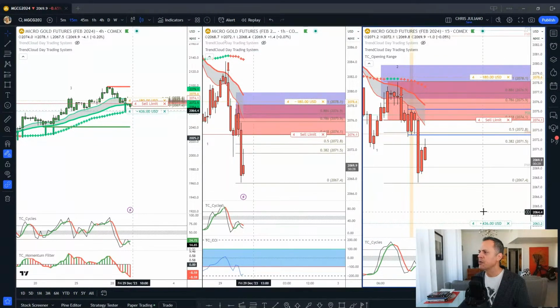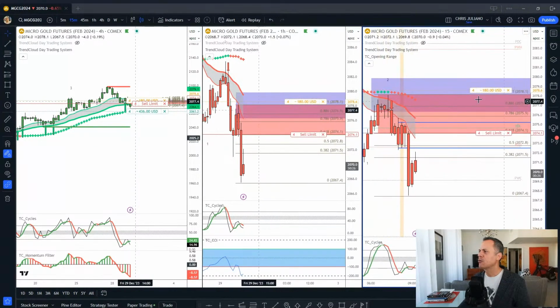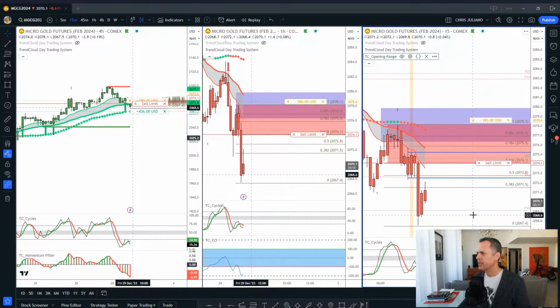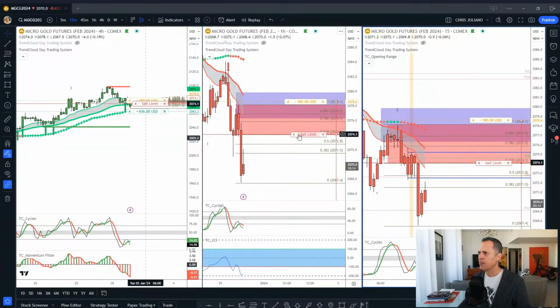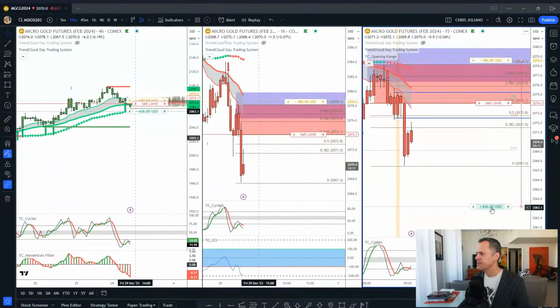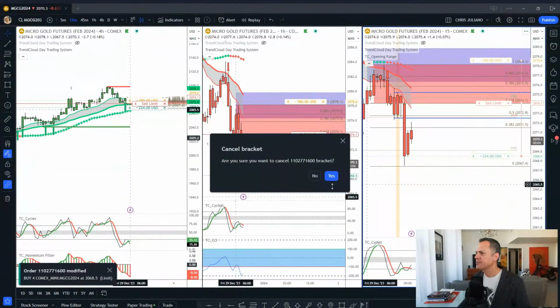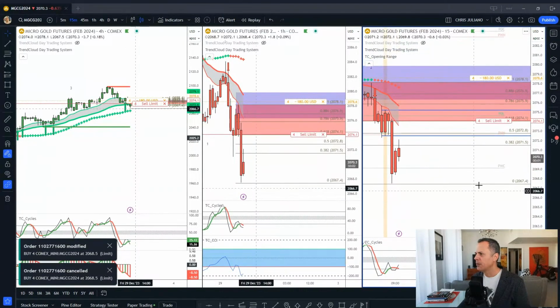All right, it's 9:30. We've got our gold trade set up. The target is down here. We're going to place a target here, right at the end, but we're not going to do it with that tab.